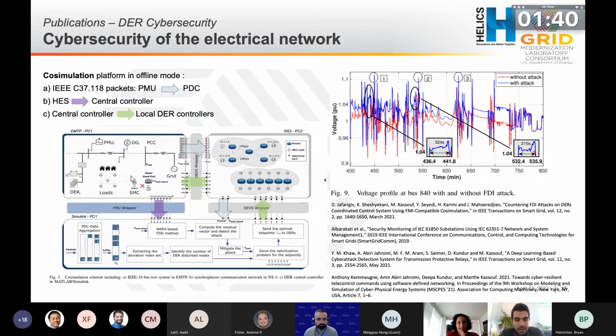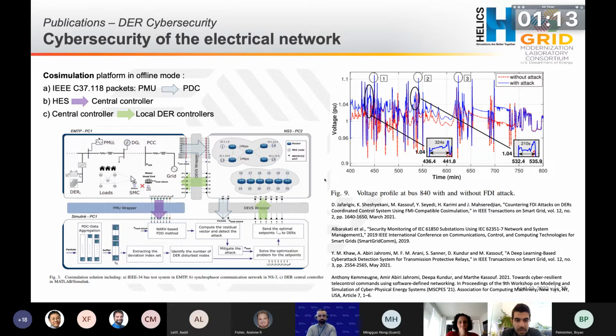Another co-simulation platform that we use for our cybersecurity project was based on Mosaik, and we integrated NS3 with EMTP and MATLAB Simulink, as you can see in the left figure. In this closed loop scheme, we look at a substation controller managing the voltage corrections in the power system.